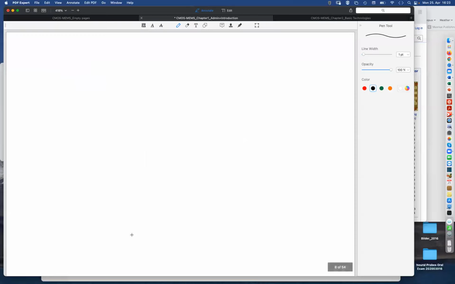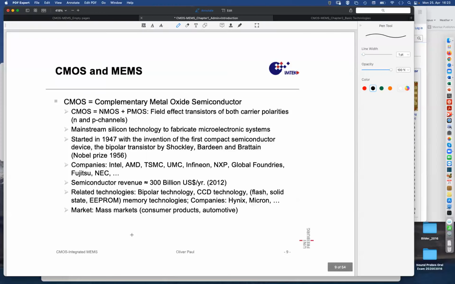So let's go into chapter 1. CMOS, I explained, is a technology. CMOS technology means complementary metal oxide semiconductor.